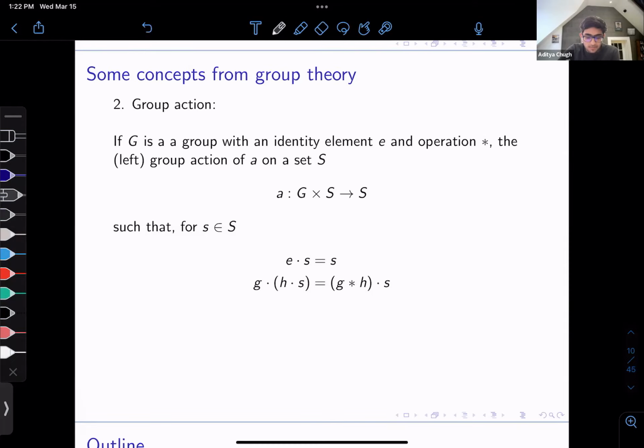And there's a nice compatibility between the group action and the operation of the group: if you act on an element of the set with one element, and then act on it with another element, it would be the same as taking the result of the binary operation of G and H and acting that on the set element S.